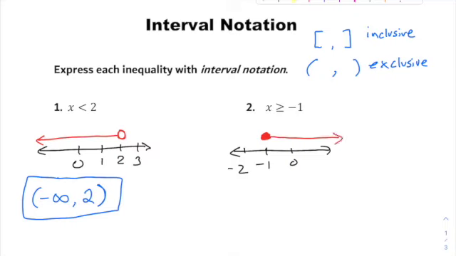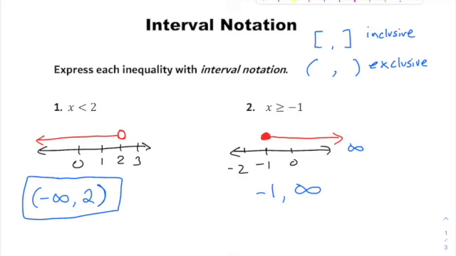So describing this set of numbers from left to right chronologically, the first thing we come to is negative 1. So this would be from negative 1 and then going on and on and on forever, so to infinity. So from negative 1 to infinity. Now negative 1 is a closed circle.